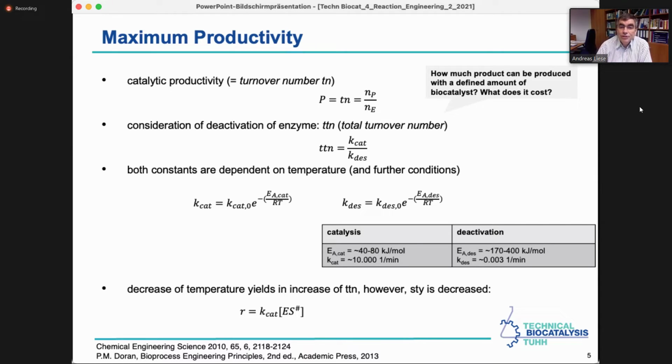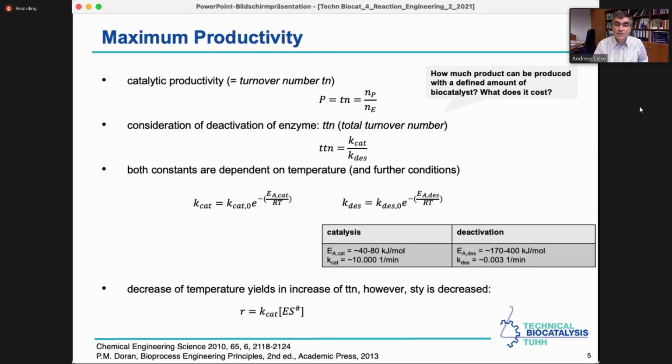Enzyme deactivation can also be considered. We had defined so far the total turnover number over all batches, how much product we could produce per enzyme, but we can also express it in a different manner: the TTN is nothing more than k_cat divided by the deactivation constant.